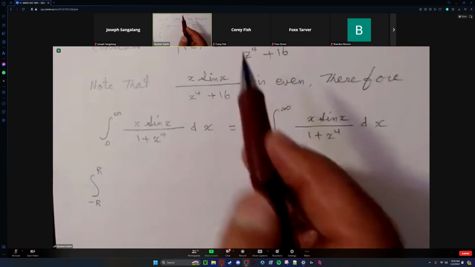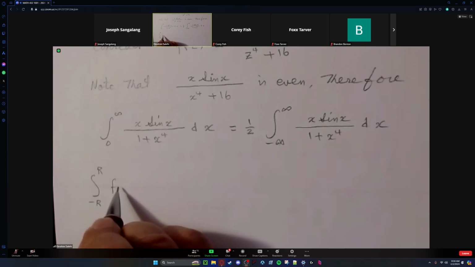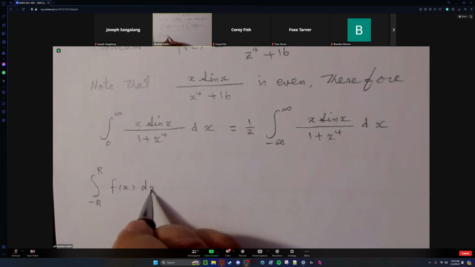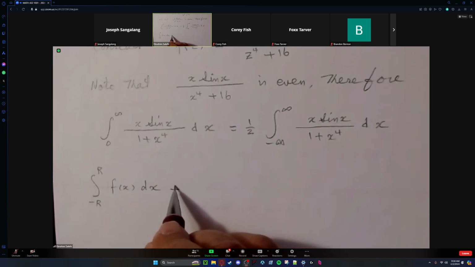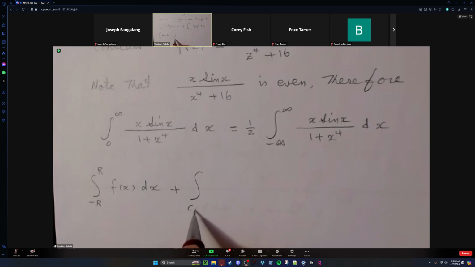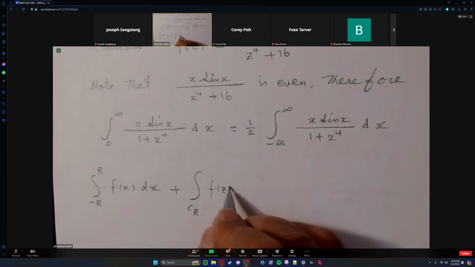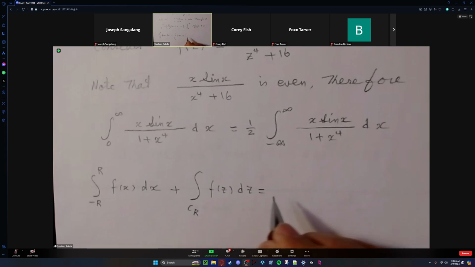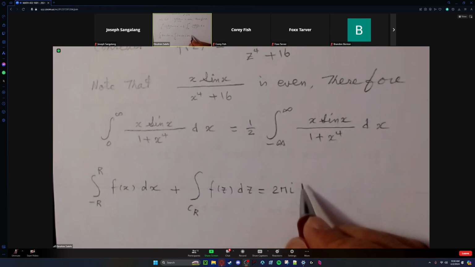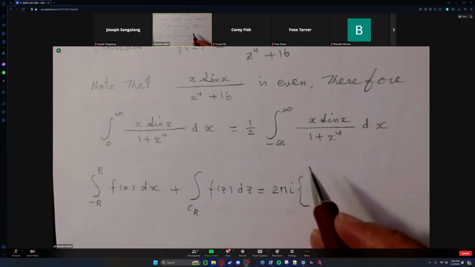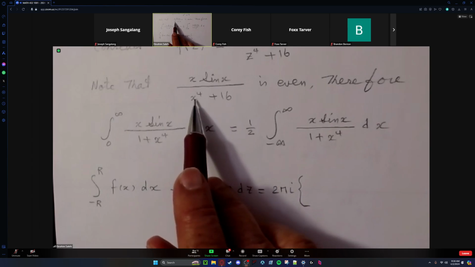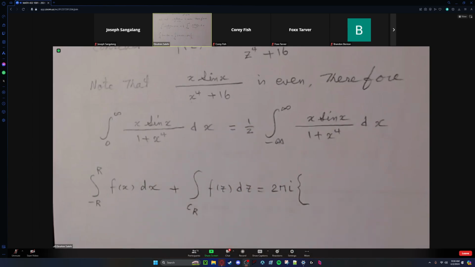And by f of x, I mean this, f of x dx, plus that semicircular integral of f of z dz will be 2 pi i times the sum of the residues, okay? I already know that all the poles of this denominator are simple poles.